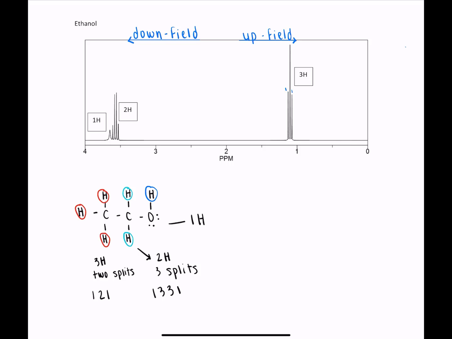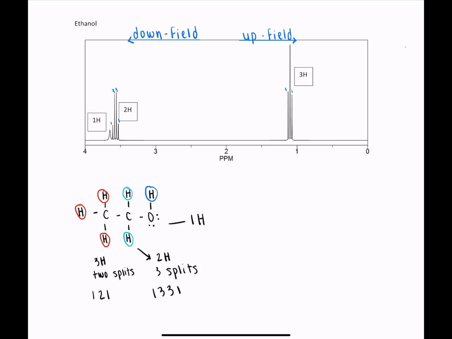Our 2 hydrogens has 3 splits, and that was in a 1:3:3:1 ratio. And lastly, our 1 hydrogen with no splits is the most downfield because of deshielding. Since deshielding is a reduction in shielding, which means it'd be more downfield because it is less stable compared to our other 2 signals.